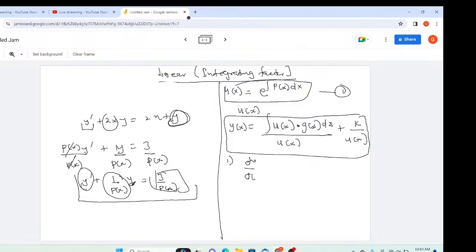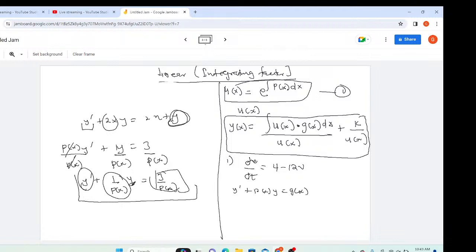dv over dt equals 4 minus 12v. Now we have this, so is it linear? For a differential equation to be in linear form, it's supposed to be y prime plus p of x y equals g of x.